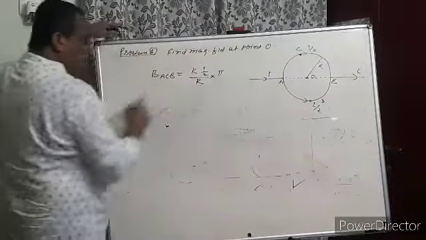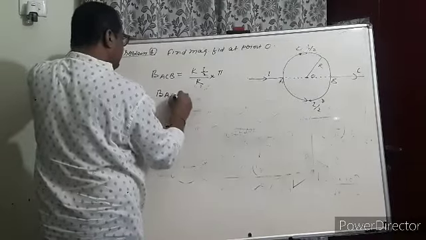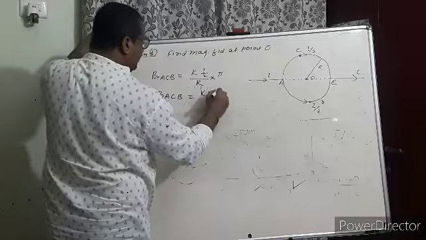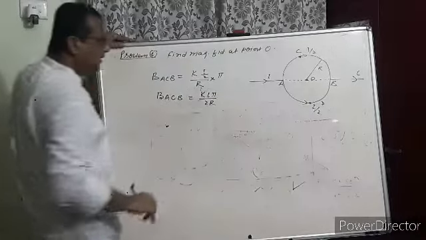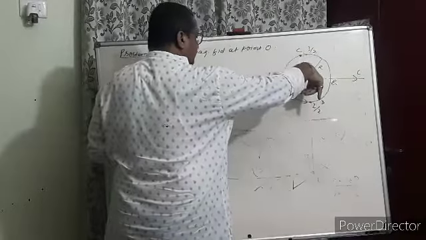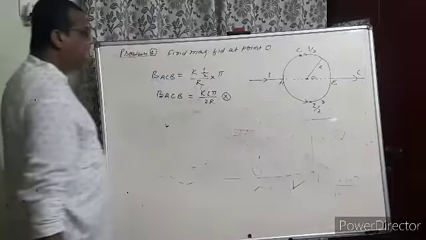So B ACB will be equal to K I pi divided by 2R. And this is the direction of current, so the magnetic field will be inward.